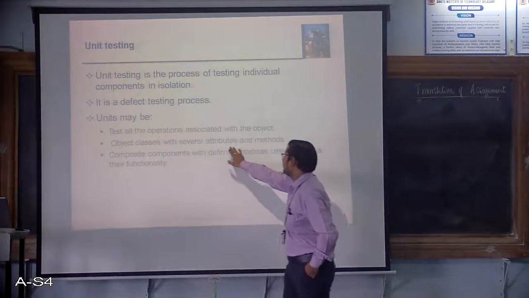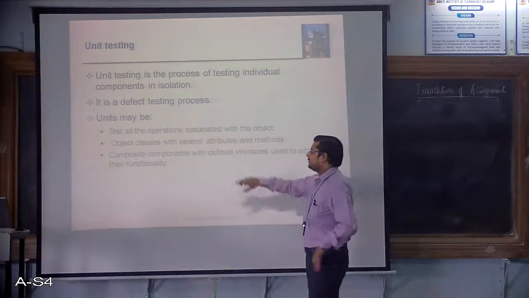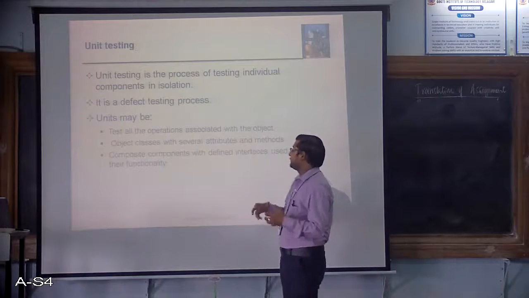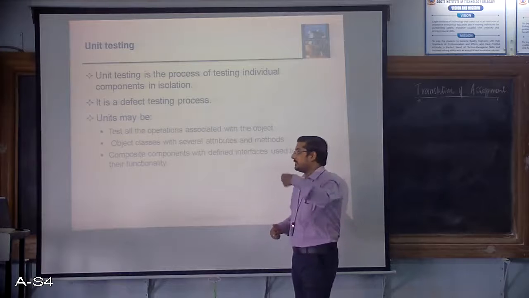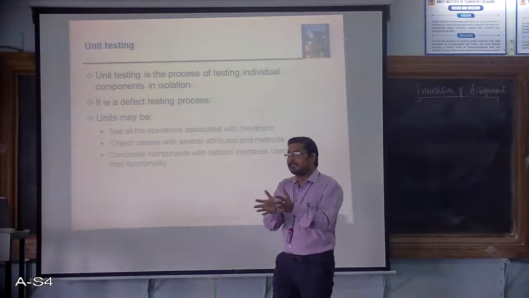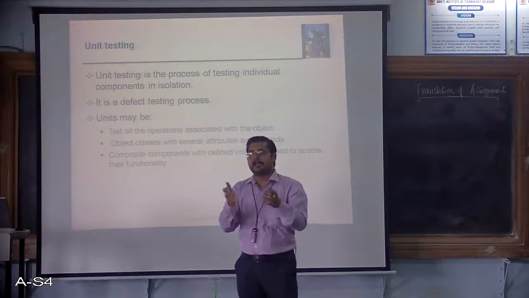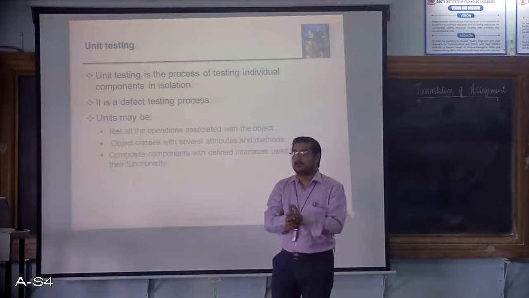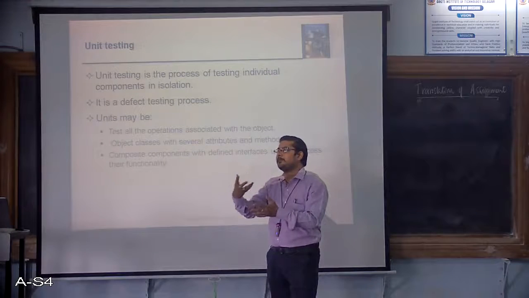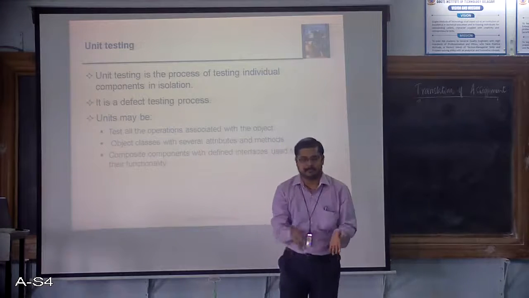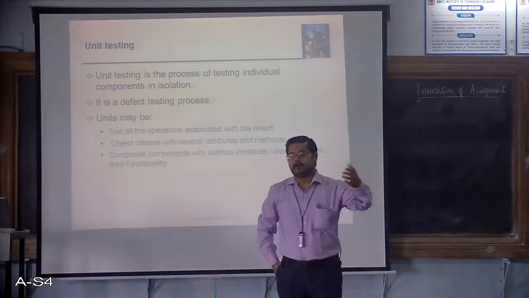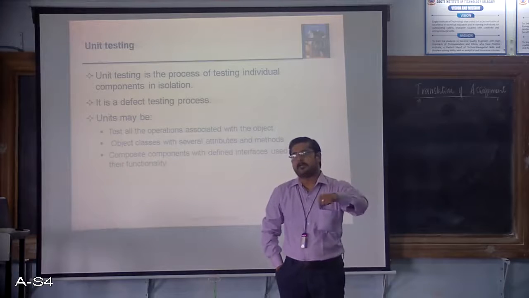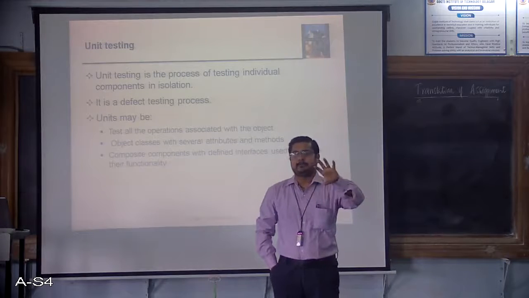Object classes have several attributes and methods. Test all the operations associated with one particular object and object classes: which class the object belongs to, what its interface and methods are, and what attributes are associated with the object. For example, student is the object. His USN is one attribute, his birth date, and his class number.